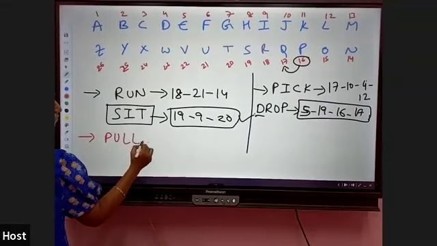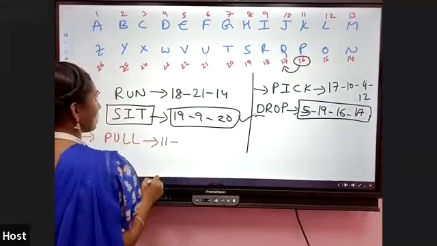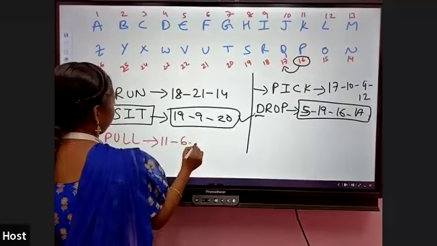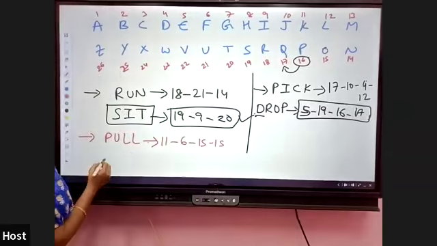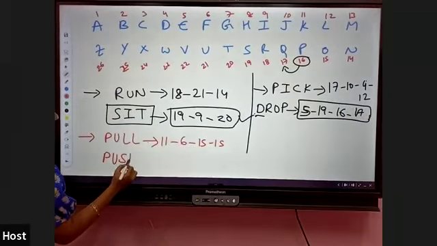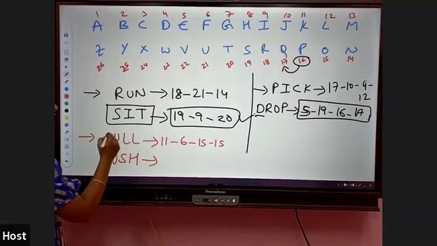PULL. PUSH. The value of PULL is 11, 6, 15 and 15. You should find the value of PUSH. How did it come?